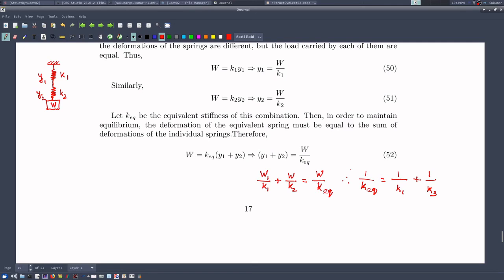So for springs in series, I have the same formula: 1 upon K equivalent is equal to 1 upon K1 plus 1 upon K2 plus 1 upon K3 and so on. Sorry, it should be K2 here. So this is how I can get the equivalent stiffness of springs in series.